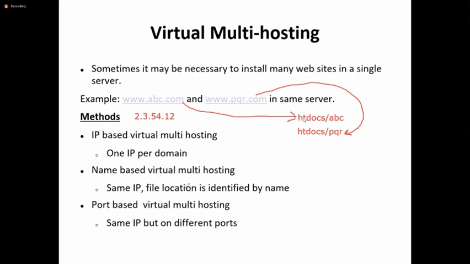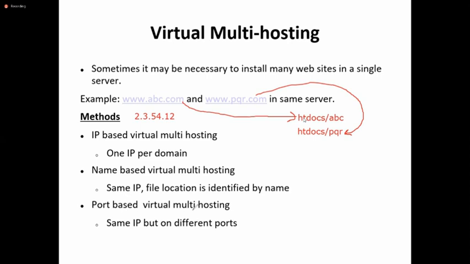So this is done by the web server, right? So that is called name-based virtual multi-hosting, right? So earlier we talked about IP-based virtual multi-hosting. So we have to have a separate IP per domain, right? Then we have to actually pay more for that, right? So those are two methods.